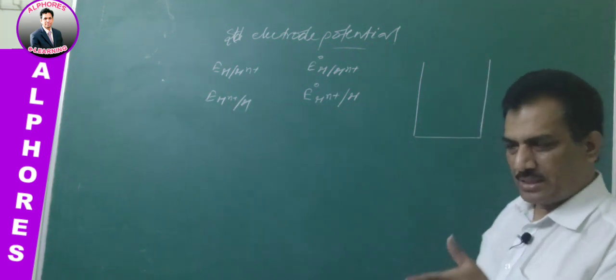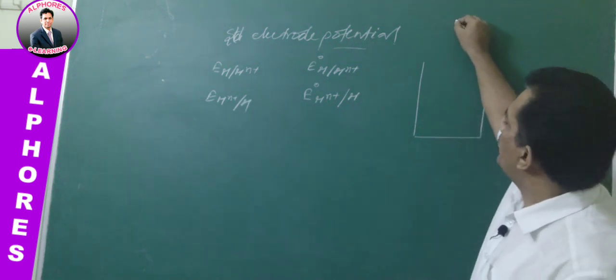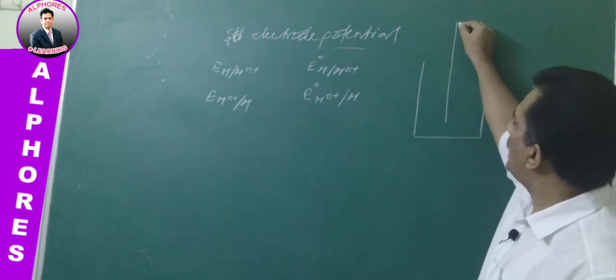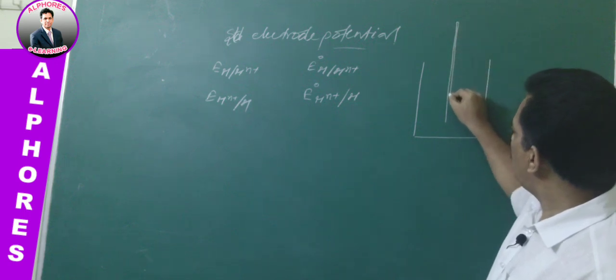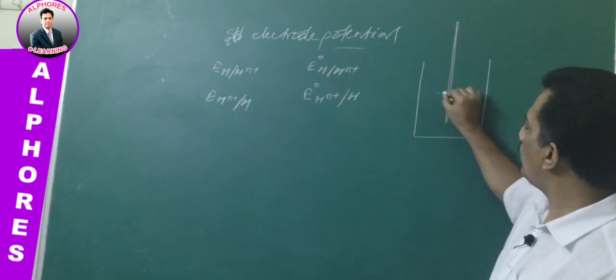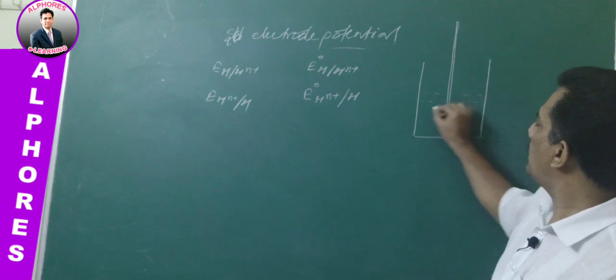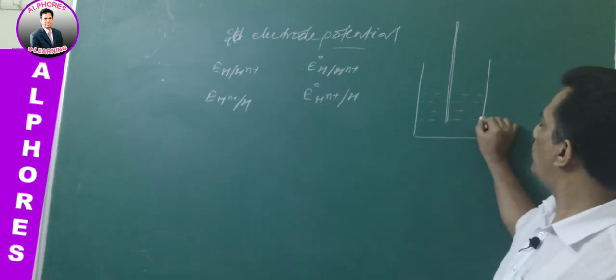Even in that case, when the metal rod or non-metal glass hood is dipped in its own salt solution, the potential developed is nothing but electrode potential.